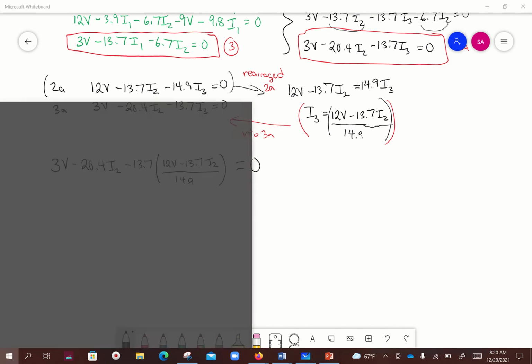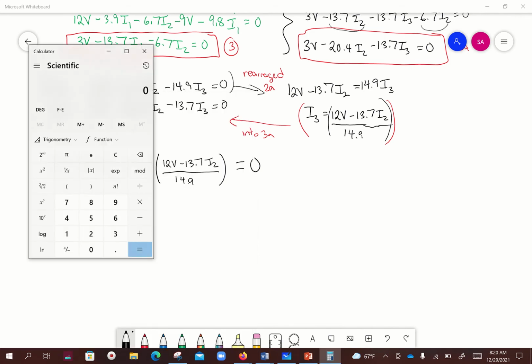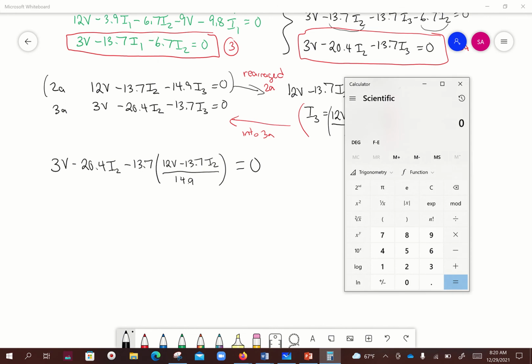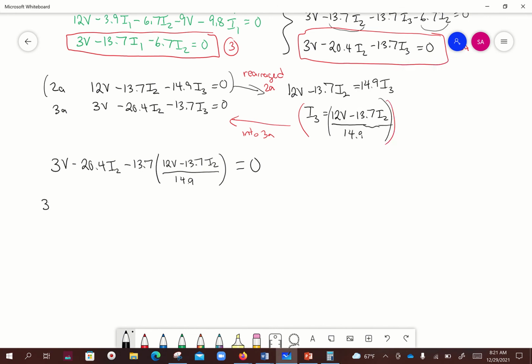So let me bring up the calculator so you can see what I'm doing. Okay, let me move it out of the way so it's not on top of the equations. All right, so let me do some simplification. So I got 3 volts minus 20.4 I2. All right, so now I can take that 14.9 outside. So 13.7 over 14.9 times 12 volts minus 13.7 I2.